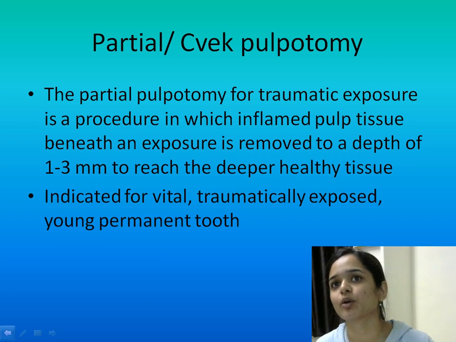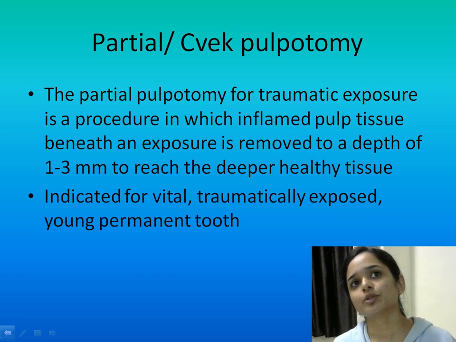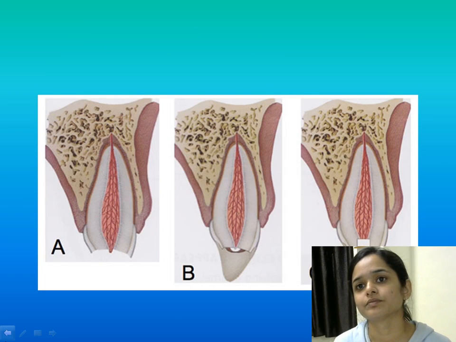Partial or Cvek pulpotomy is mostly done in traumatic exposures. Pulp tissue beneath the exposure is removed up to a depth of 1 to 3 mm as given by Cvek to reach the deeper healthy pulp tissue. It is indicated for vital, traumatically exposed young permanent teeth. In this way pulpotomy is done.